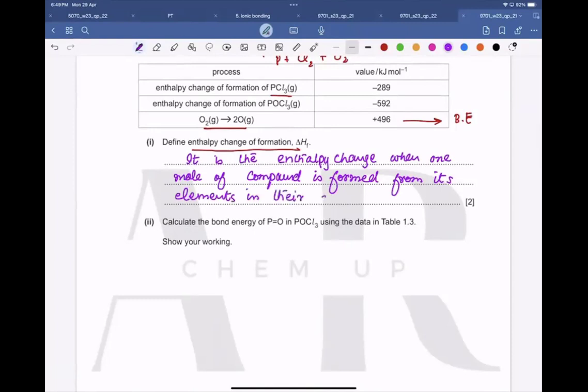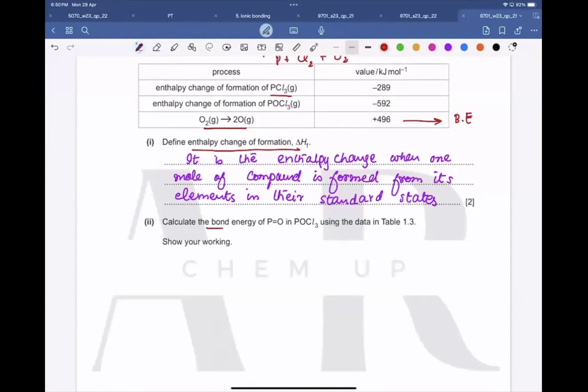So the elements must be in their standard state, and I'm not going to mention standard conditions because they didn't ask you for the standard enthalpy change of formation. Is this clear to all of you? If any one of you has any confusion till here, please ask.